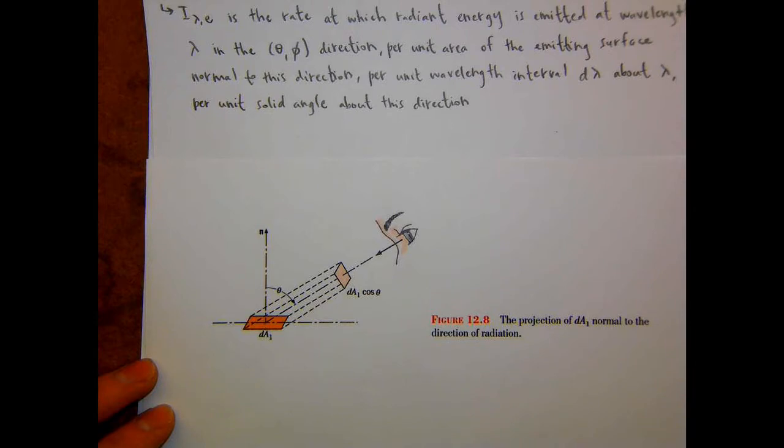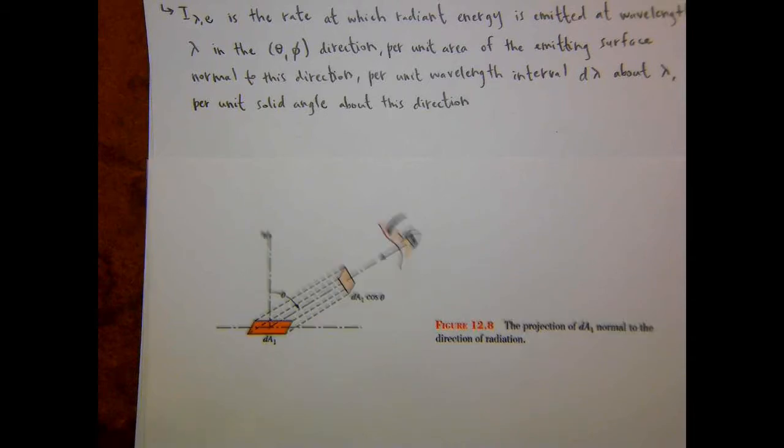So this is just considering one case where it's one wavelength going in one direction to define spectral intensity. And then we integrate spectral intensity over all of the wavelengths and all of the directions to get the total emission. Okay.